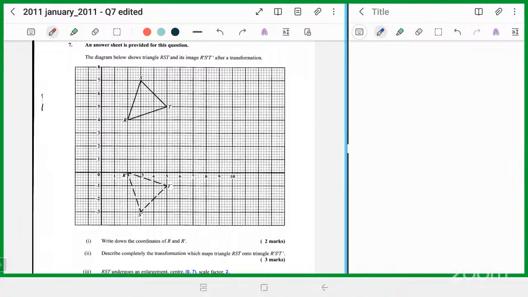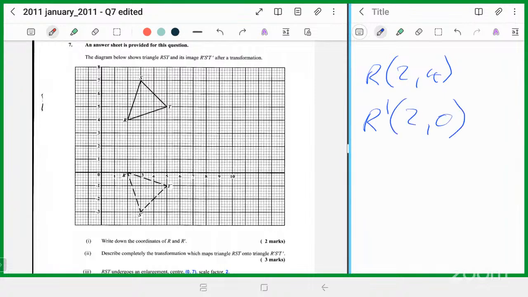Write down the coordinates of R and R prime. This is R. That is 2, 4. So R is 2, 4. And R prime is this. That is 2, 0. R prime is just 2, 0.